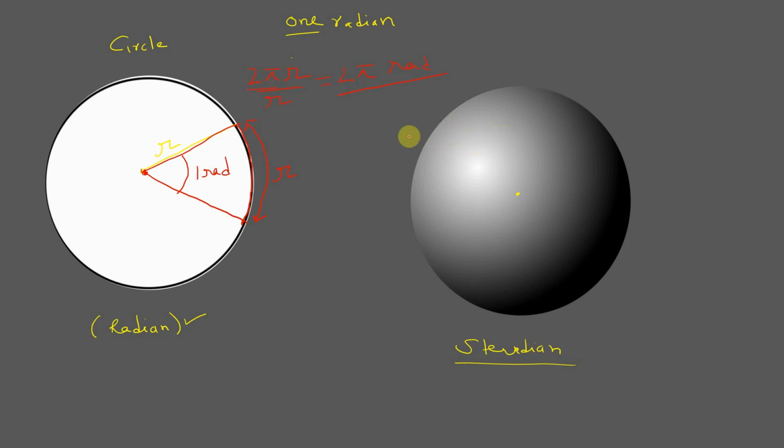Similarly, if we want to define steradian, this was the arc in the case of the circle when we found 1 radian. Now in the case of a sphere, we again take the center as a vertex. In place of an arc, we have a surface by which this angle is subtended.